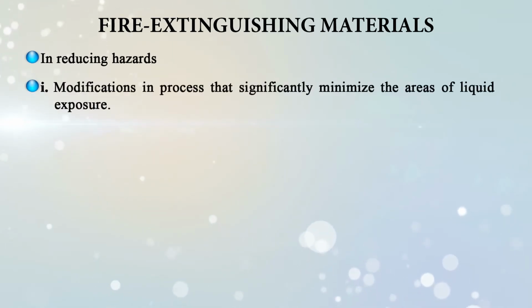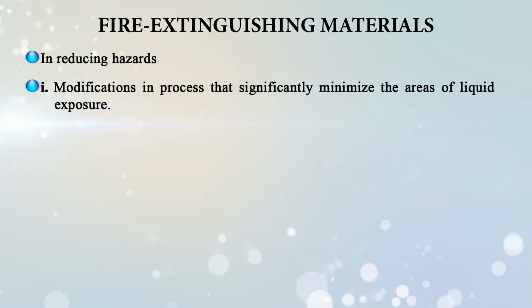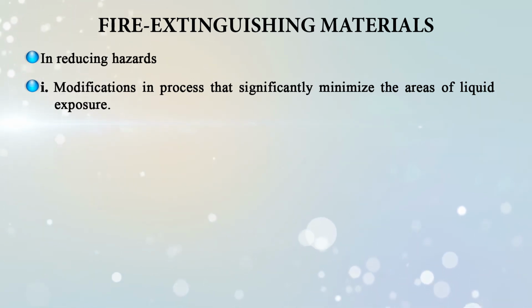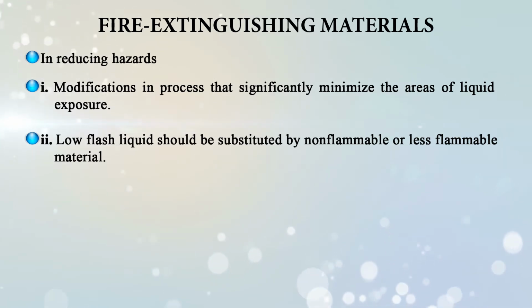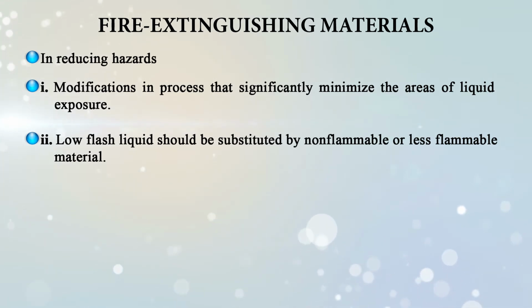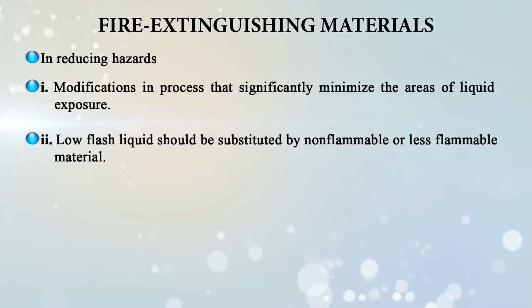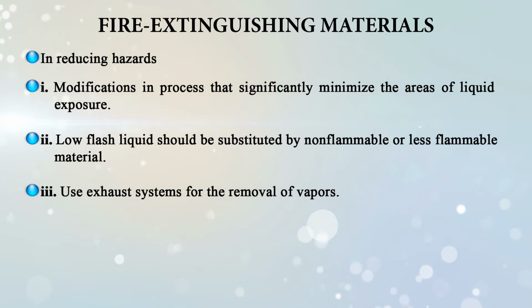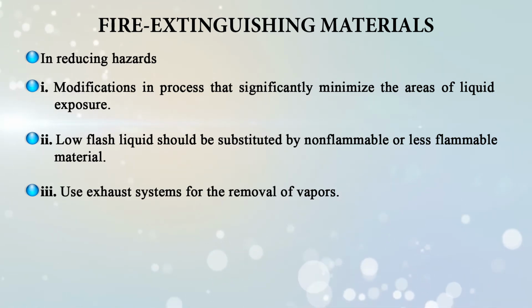To reduce the hazards, the first thing is to modify the process, that is, significantly minimize the areas of liquid explosion. The second point to remember is that low flash liquids should be substituted by non-flammable or less flammable material, along with use of exhaust systems for the removal of residual vapors.